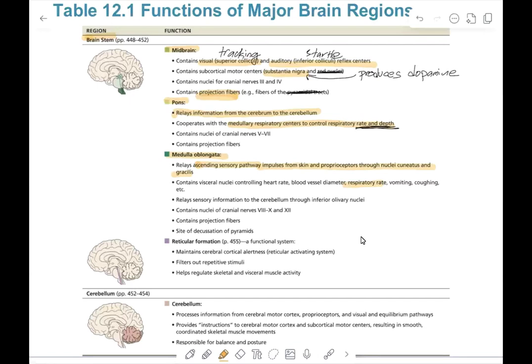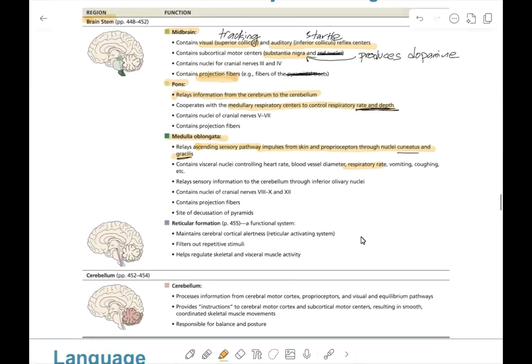There are a couple tracts that have the word cuneatus and gracilis in them that we'll be learning, but it has a lot of visceral nuclei in them, which control heart rate, blood vessel diameter. The blood vessel diameter would be the vasomotor center. It also has things like vomiting and coughing in them.